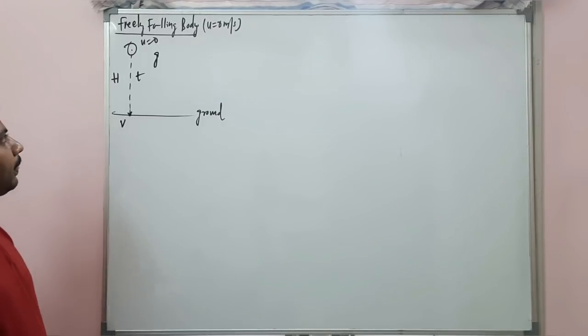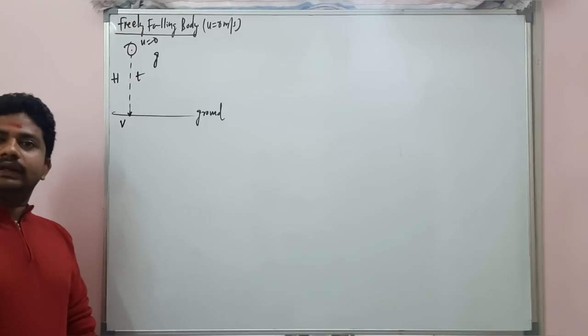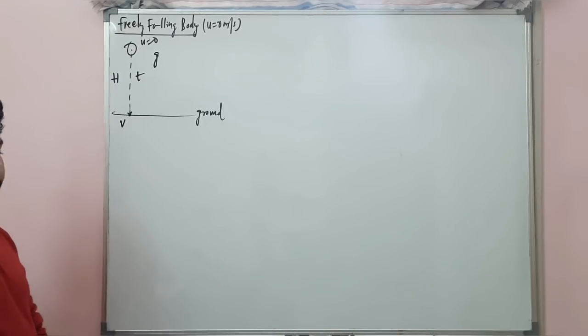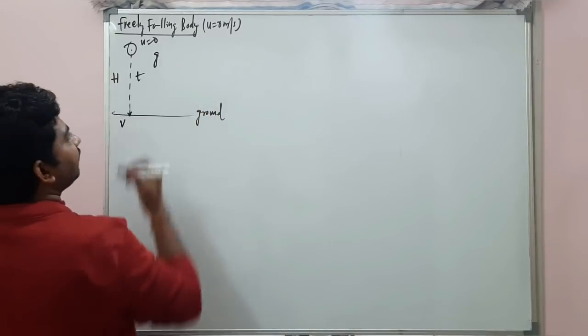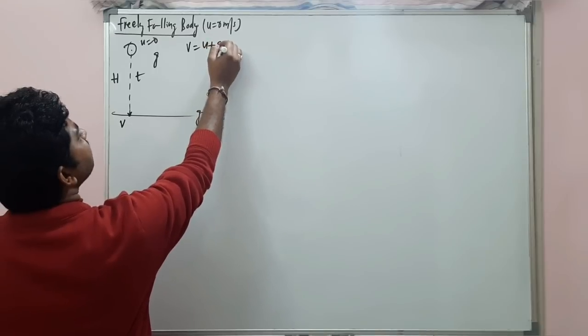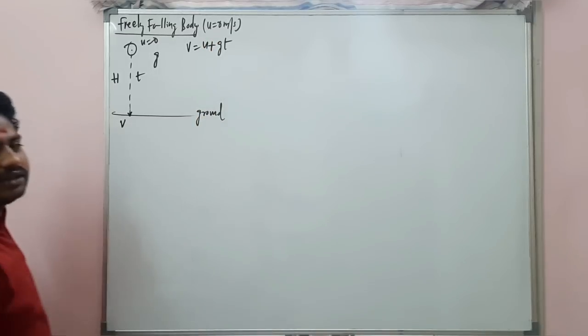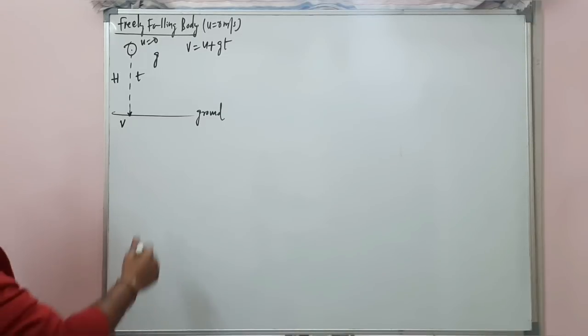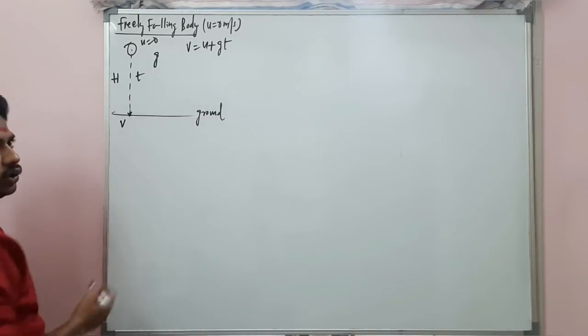In this case, let us apply the first equation of motion. If you apply the first equation of motion, v is equal to u plus gt. Carefully see, v is equal to u plus gt here, what happens? Anyway, u is equal to 0.